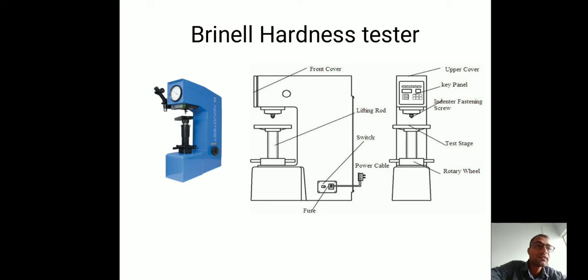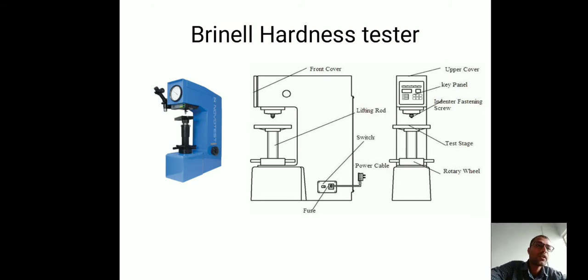Check figure number 3. The test stage is there. On that test stage, we have to place our specimen. And then we have to rotate the rotary wheel, which is in figure number 3. If you rotate that rotary wheel, the test stage will move upward.